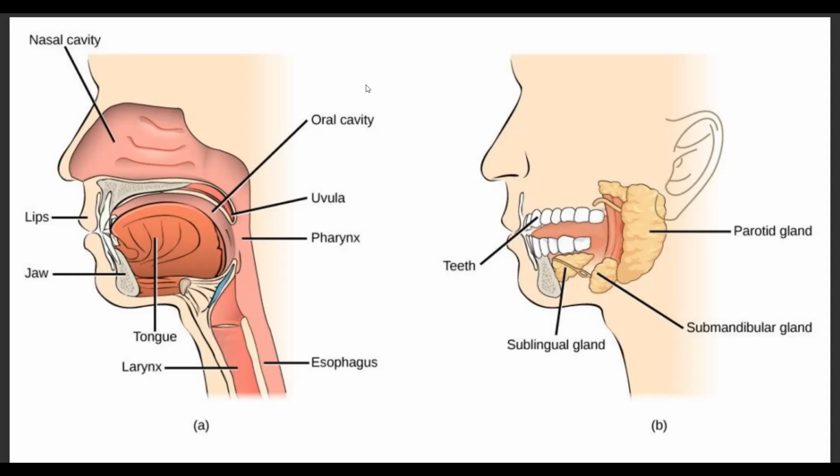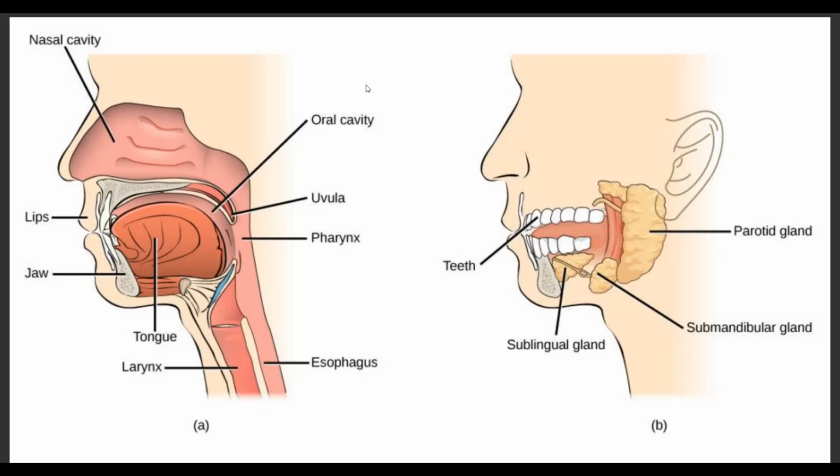Okay, we'll discuss the question. Now here we have to write an essay on salivary glands. Okay, write down. First point: these are exocrine glands.